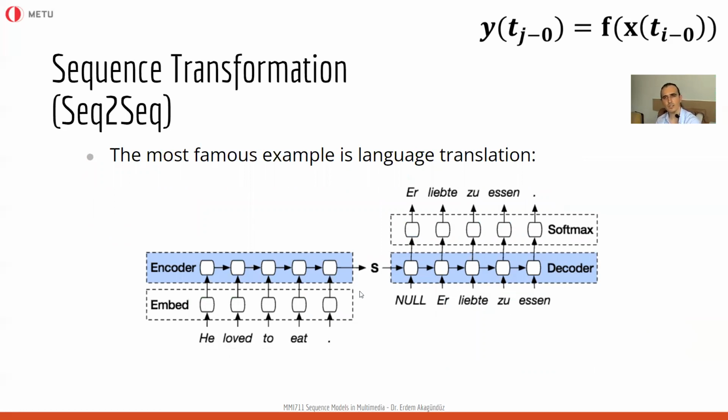"He loved to eat," "liebte zu essen," from English to German. Since the grammar changes from language to language, your model should be able to transform the semantics into a new grammatical structure. That's what sequence-to-sequence models do.